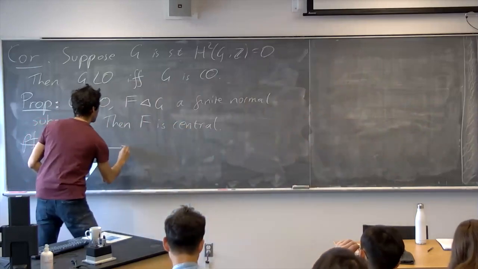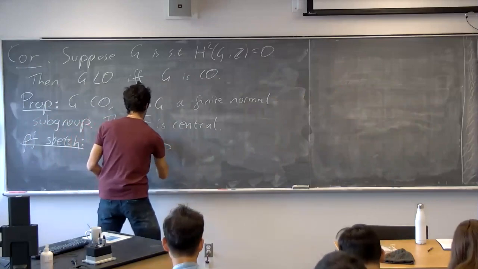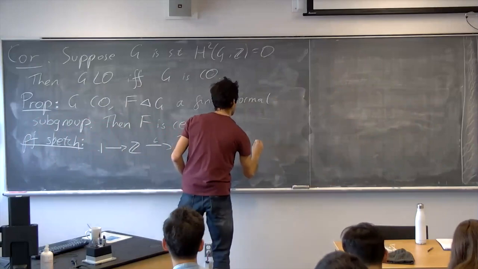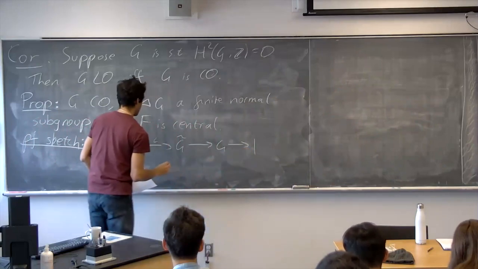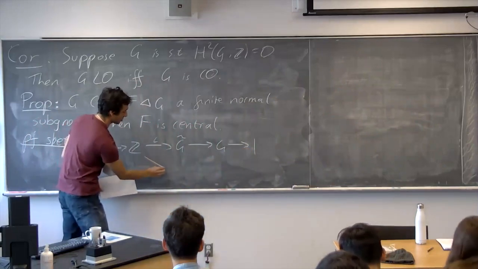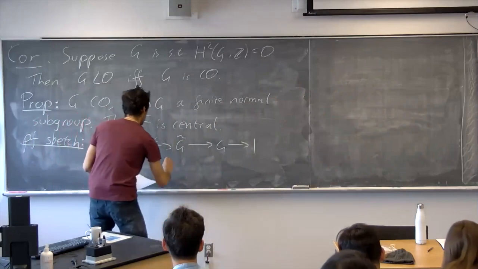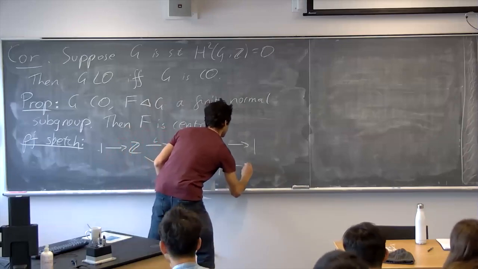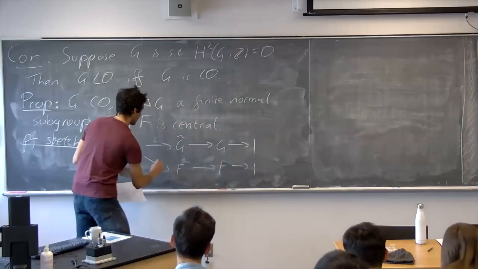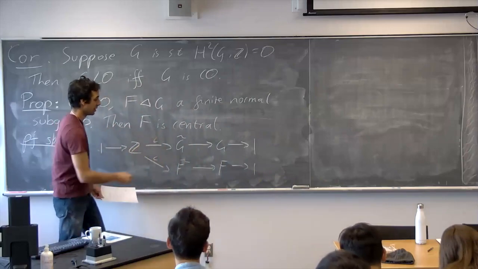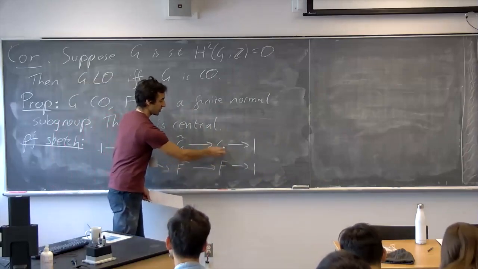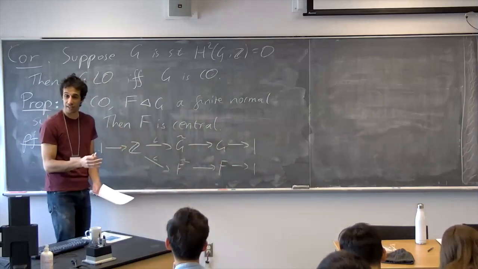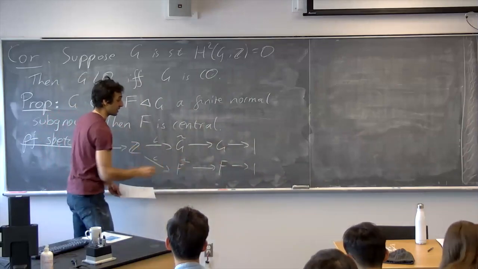So 1 to Z to G tilde to G to 1. And then over here, I'm going to split the short exact sequence off to F tilde to F to 1. And this is also iota, but just restricted. So F's living inside G, and I just want to consider this central extension coming from restricting the circular ordering down to F.